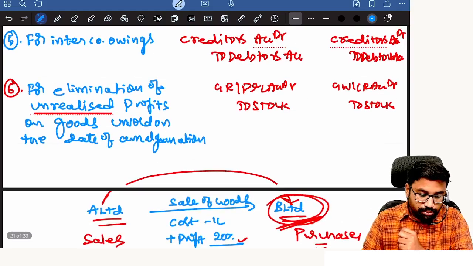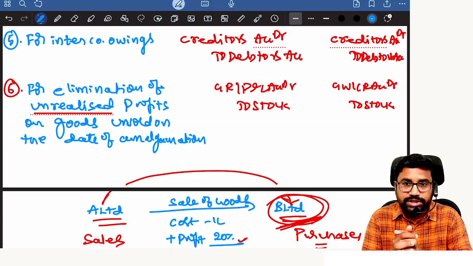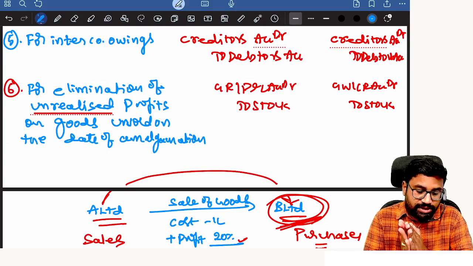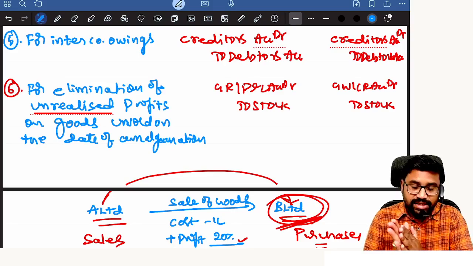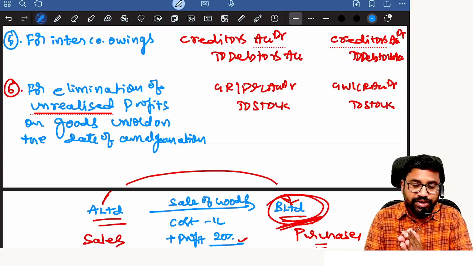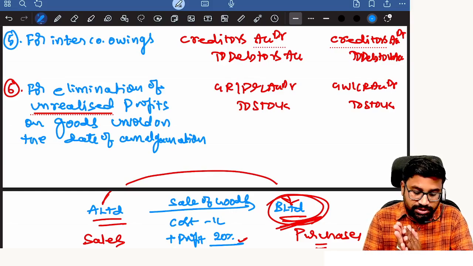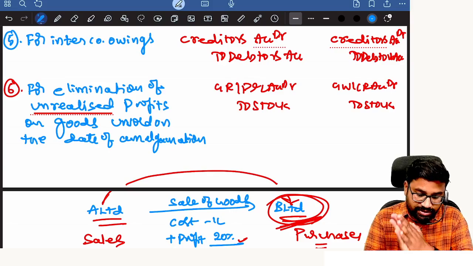And the most important entries are entry numbers 5, 6, 7, intercompany owings. Before amalgamation, if any sale and purchase transactions happened between the transferor and transferee companies, now at the time of amalgamation, in the books of transferee company, we need to eliminate any mutual owings between the parties. Generally the entry is creditors to debtors.